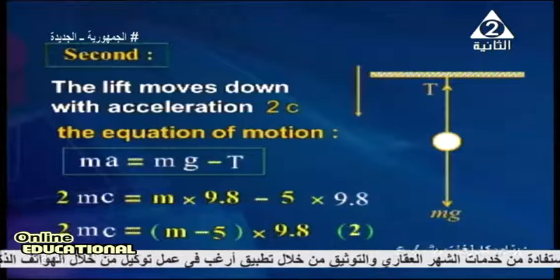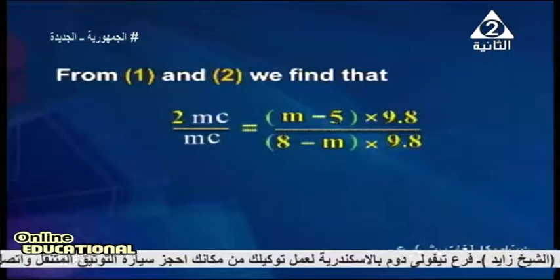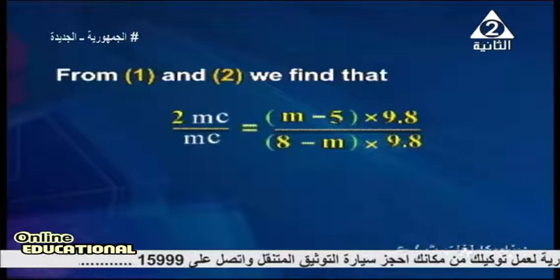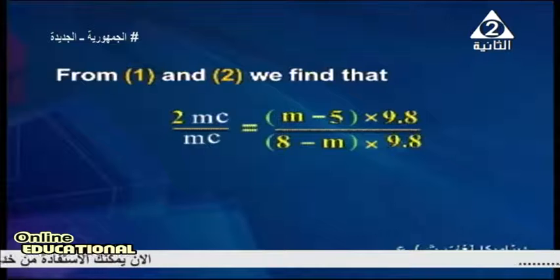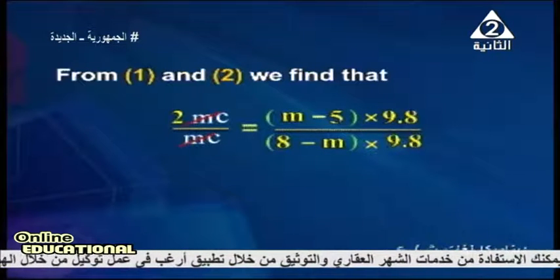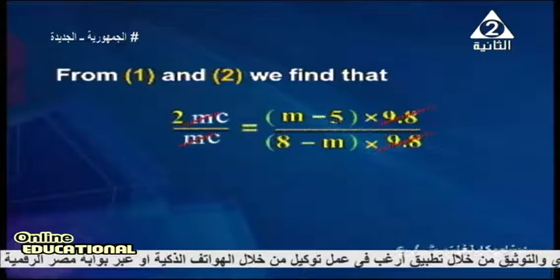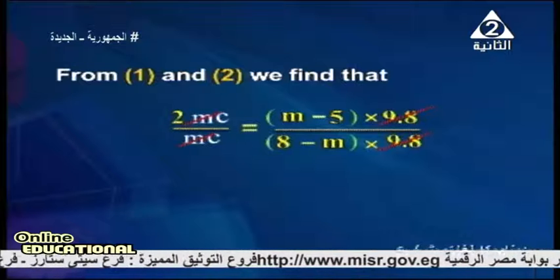Now we solve the two equations. From equation number 1 and equation number 2, we find that 2mc over mc equals the bracket m minus 5 multiplied by 9.8 over the bracket 8 minus m multiplied by 9.8. We can cancel mc from numerator and denominator in the left hand side, and 9.8 from the numerator and 9.8 from the denominator in the right hand side.